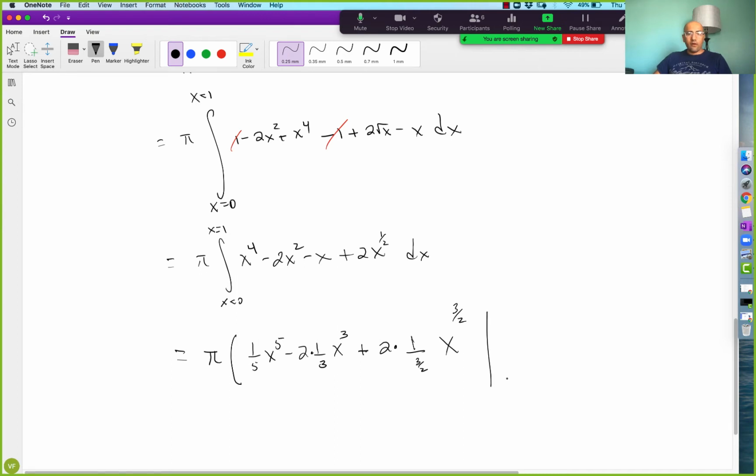Good. And all of this gets evaluated as x goes from 0 to 1. Luckily, lots of stuff will happily simplify here.